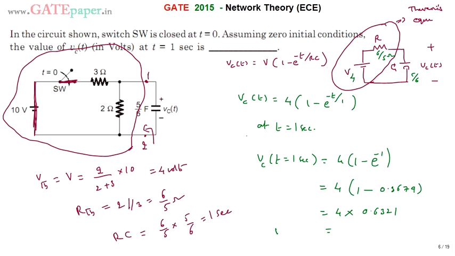So Vc at t equal to 1 second is equal to 2.5284 volts. So this is the right answer. The voltage across the capacitor is 2.5284 volts.